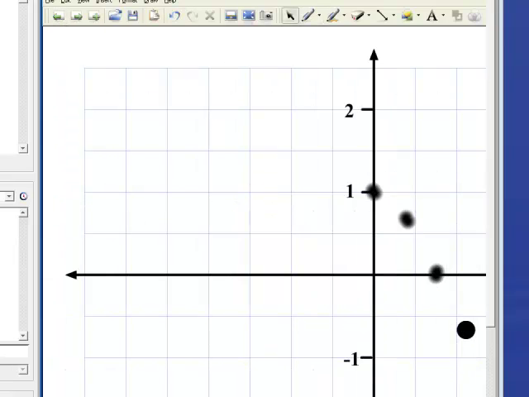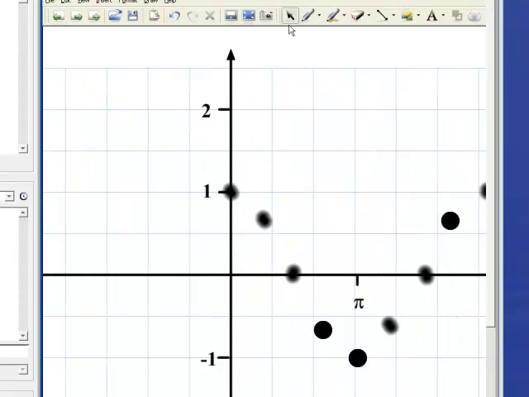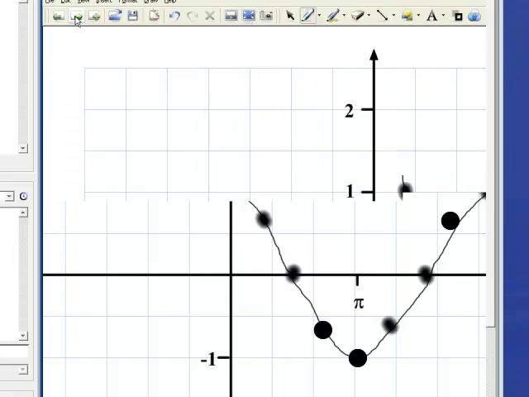It's okay. Here's the cosine. It asked for the cosine. So this is the way it would look. We would connect these here. Try to make a smooth curve through it. They're asking in problem B to go from negative 4 pi to 4 pi. So I'm going to go to that.